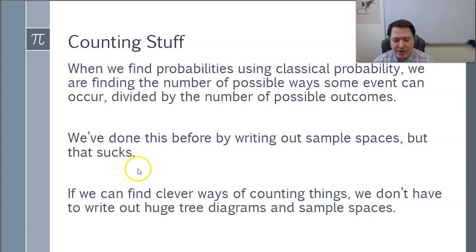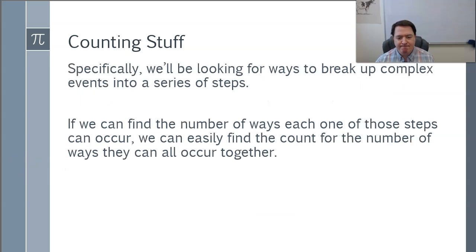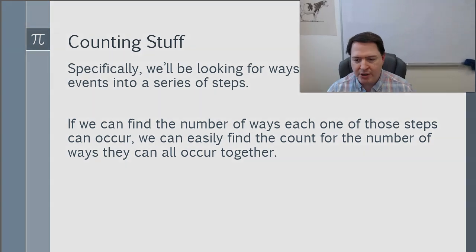And we're going to start with the basic idea of how I can actually write out these counts for our sample spaces and our events without actually having to do that. So we're going to think of things as a number of steps, okay? That's really the key to understanding how this stuff works.